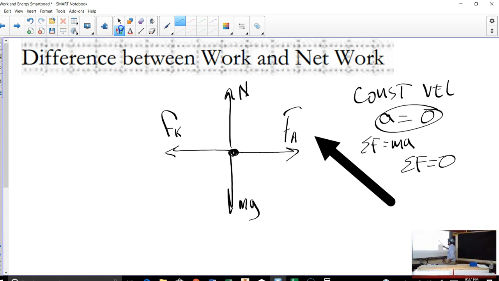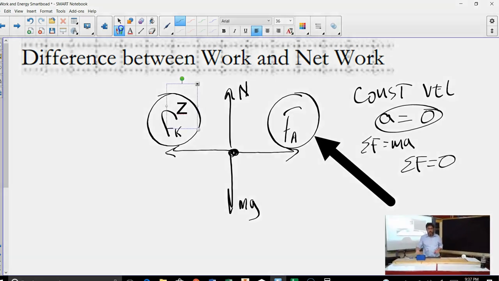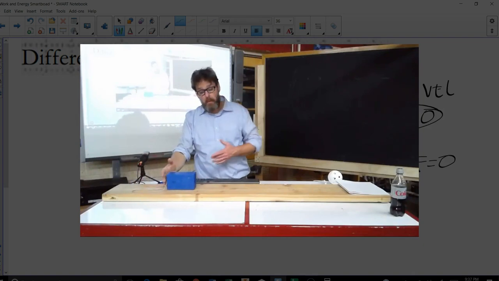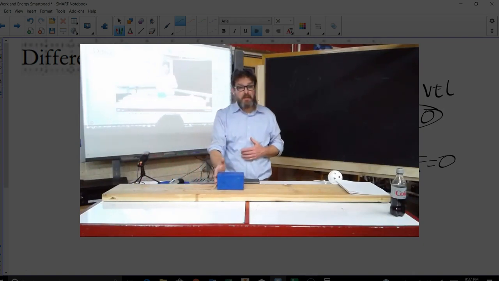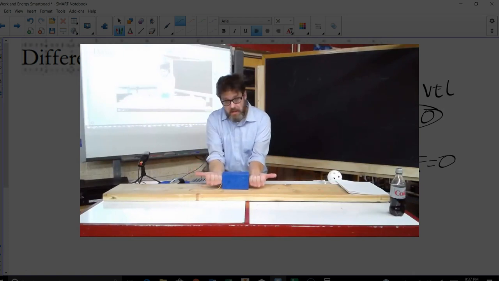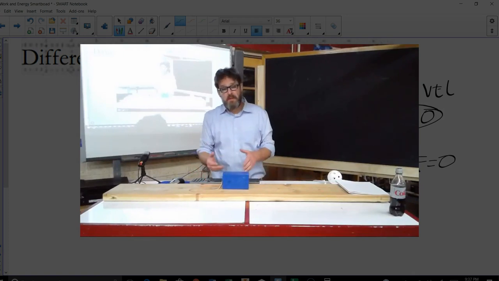So, what can you say about my force and the force of kinetic friction? That's right. They've got to be the same. While it's moving at constant velocity, everything's in equilibrium. My force this way is equal to friction's this way.